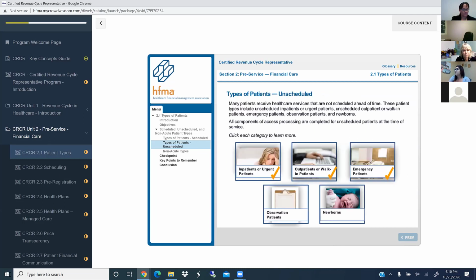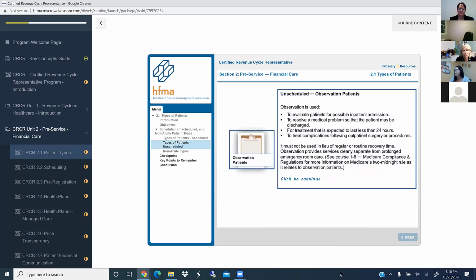Observation patients. Observation is used to evaluate patients for possible inpatient admission, to resolve a medical problem so the patient can be discharged, for treatment that will last less than 24 hours, or for complications following a surgery. It can't be used in lieu of a regular or routine recovery time.